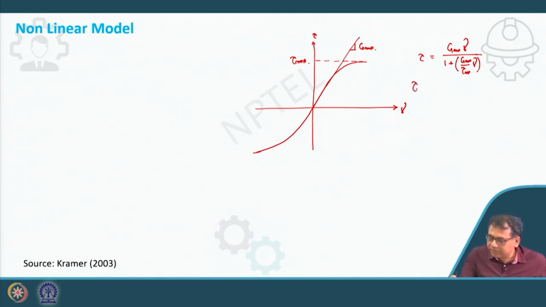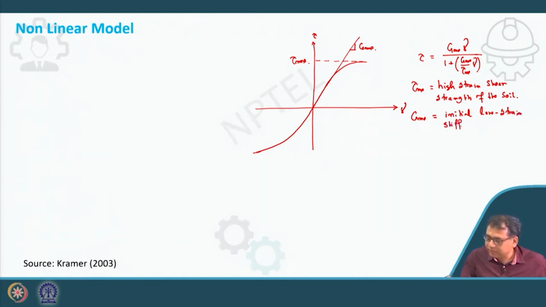Okay, so tau max is the high strain shear strength, and G max is the initial low strain stiffness or modulus.